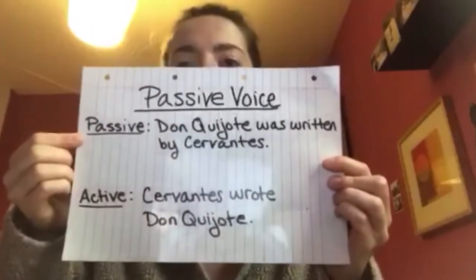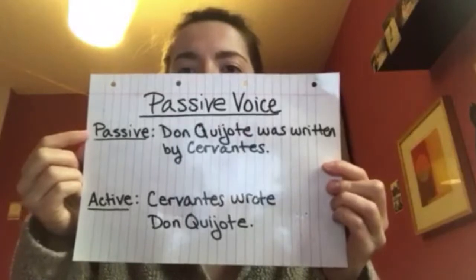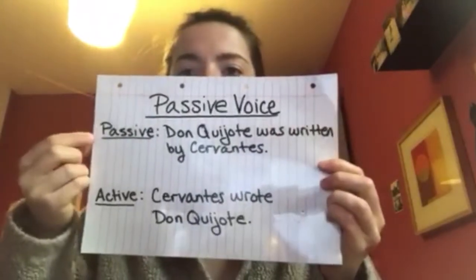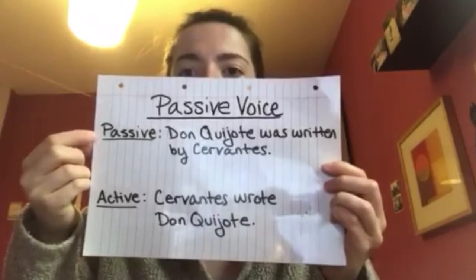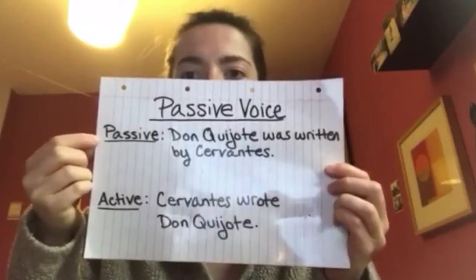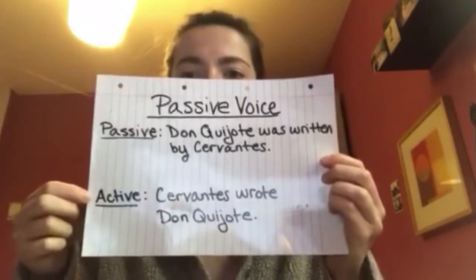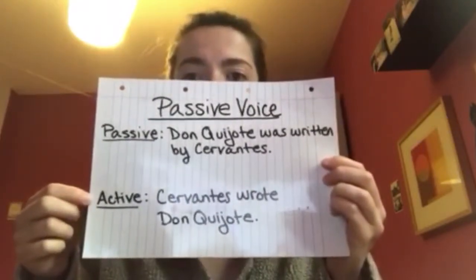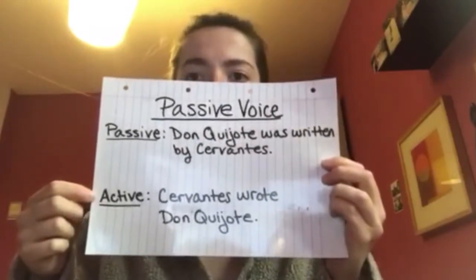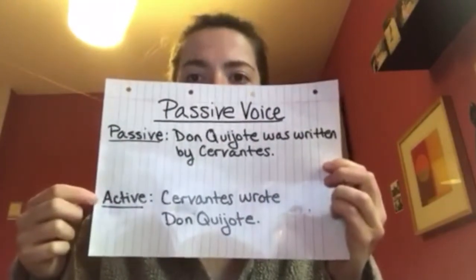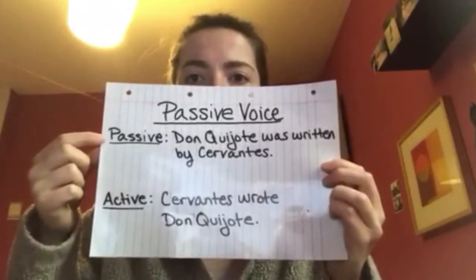Now let's compare the passive voice with the active voice, which is the type of sentence we normally use. So we have our passive example, which we already saw. Don Quixote was written by Cervantes. And now we have the active voice, which is what we normally use. Cervantes wrote Don Quixote. So, if we have the active voice, why do we use the passive?